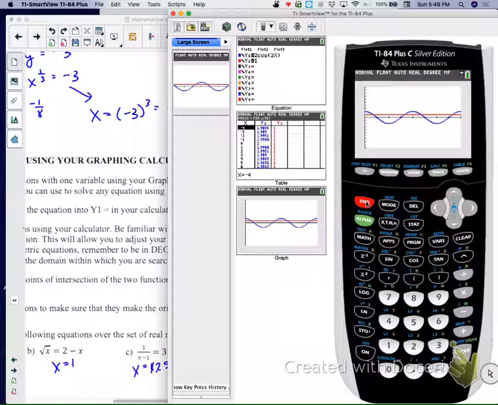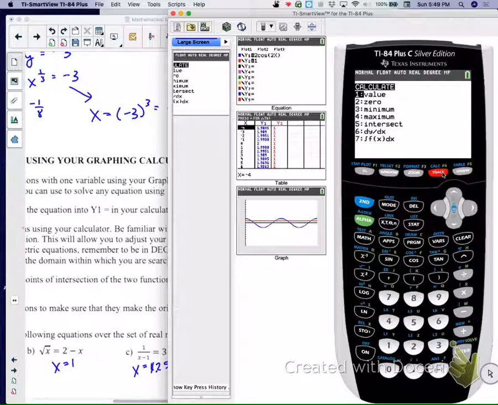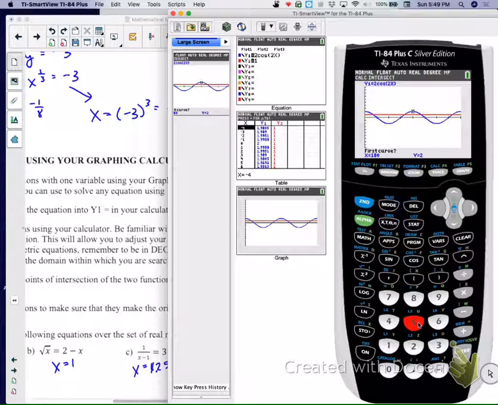So we're going to go to calculate, intersect. So let's zoom back over here. Okay, enter, enter, enter. So 30 degrees. That's in terms of degrees here, was our domain.